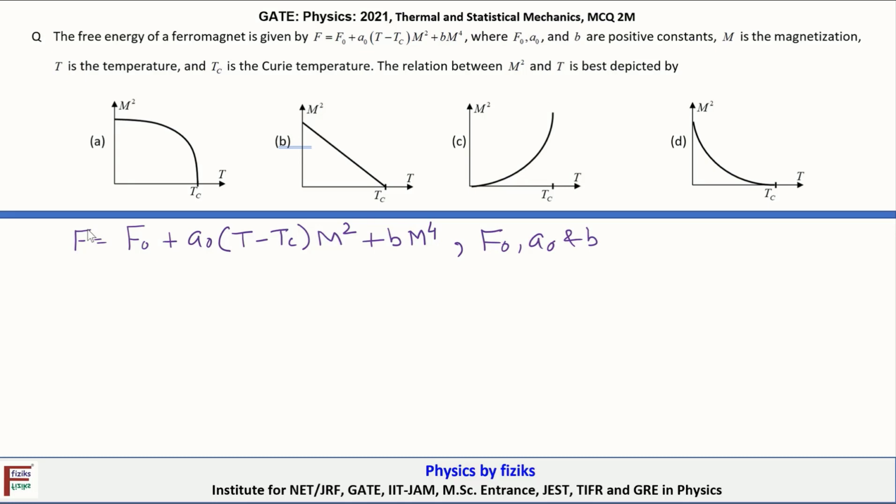M represents the magnetization of the sample, T is the temperature, and Tc is the Curie temperature. So all these parameters are constant. Tc is also a constant here.